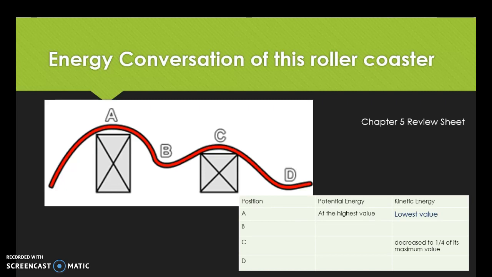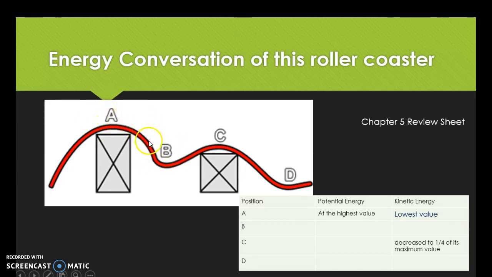So if something is not in motion, then it only has potential energy. So if we had a roller coaster sitting right here at position A, and there's no motion in it, we can say that it has only potential energy. But as soon as this roller coaster starts to move down through the course, there is an energy conversion occurring so that there will be potential energy and kinetic energy.